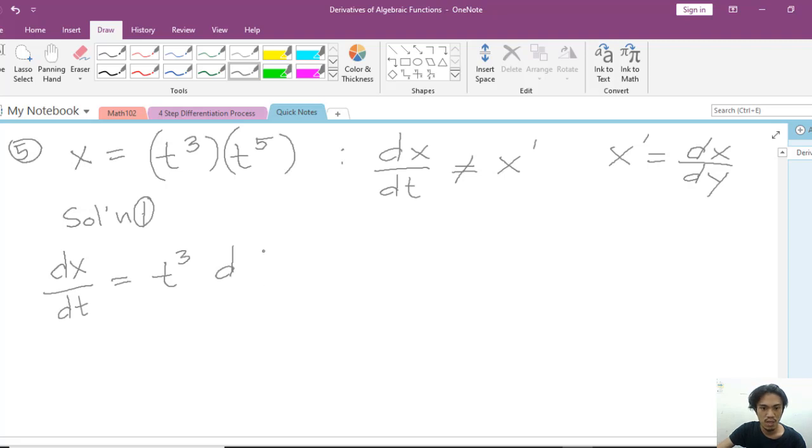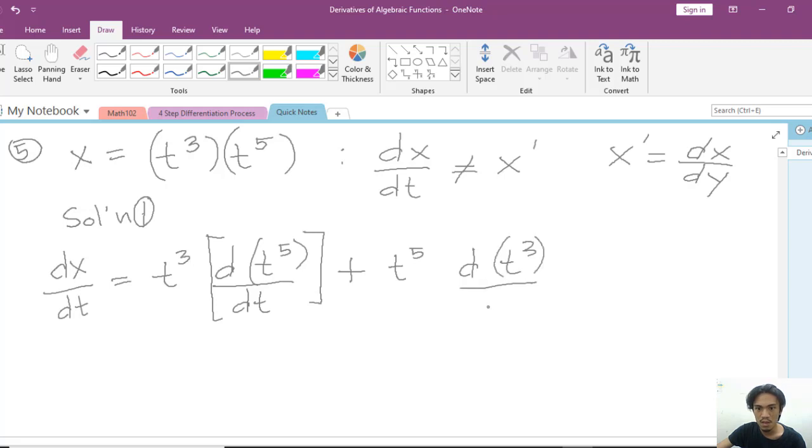This would be the derivative of t raised to 5, of course with respect to t. Plus, because that is multiplication, this time the second part, t raised to 5, times the derivative of t raised to 3 with respect to t.